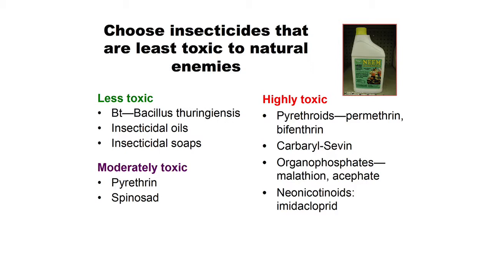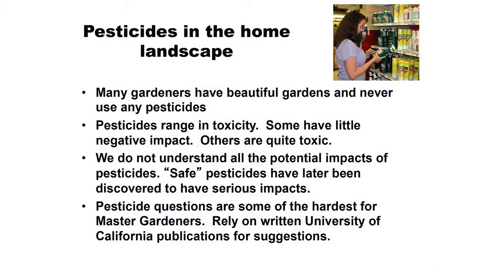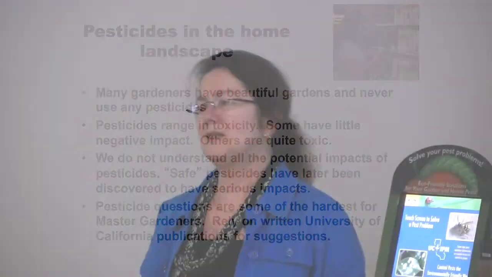The pyrethroids and spinosyns can kill natural enemies, but are short-lived, so they can be used. They're sort of second choice materials. Pesticides in the home landscape are some of the most difficult questions you have as master gardeners, and so I'm going to have a whole other section on pesticides in a bit. But it's complicated, and that's why we tell you to rely on university publications if you have to tell anybody something about pesticides.